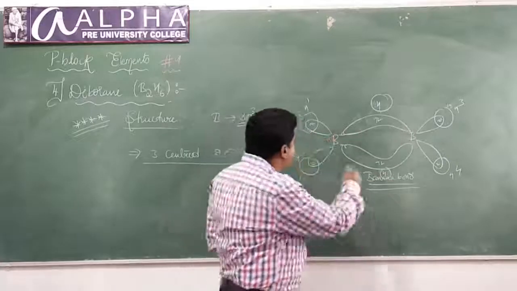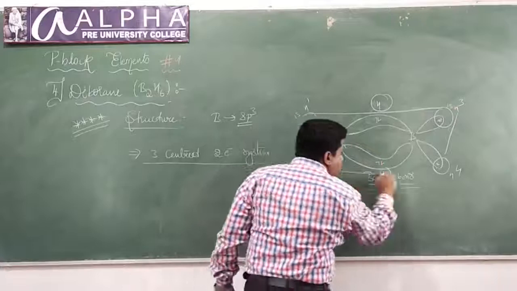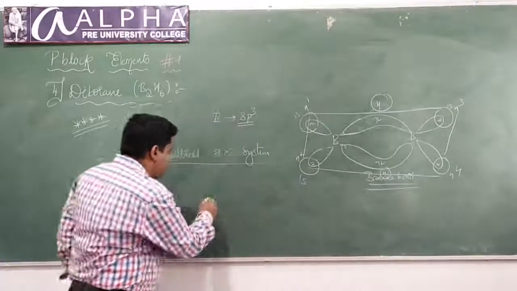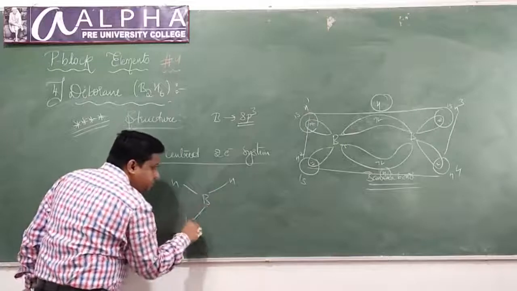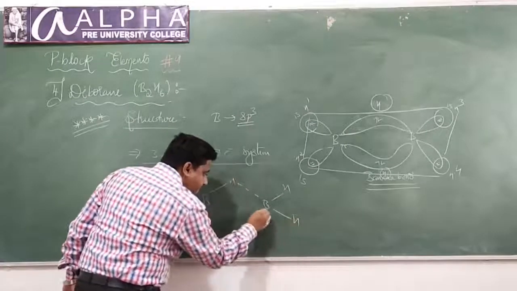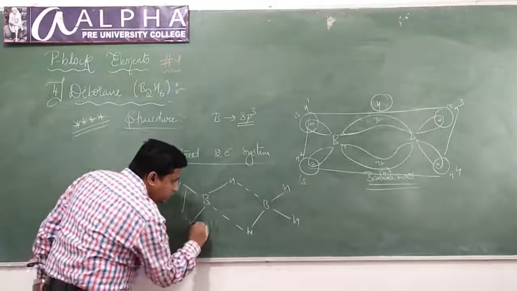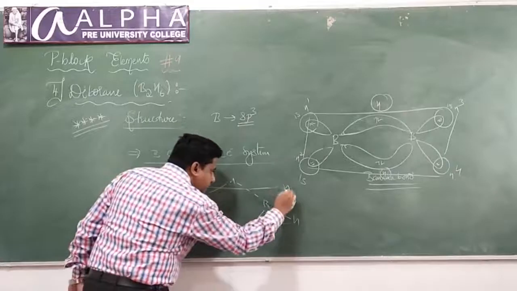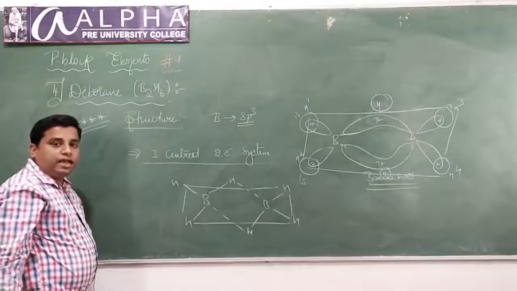Boron, boron. All of this will lie in one plane. It is something like this, BH3. These 2 borons and the 4 hydrogen atoms will lie in one plane.